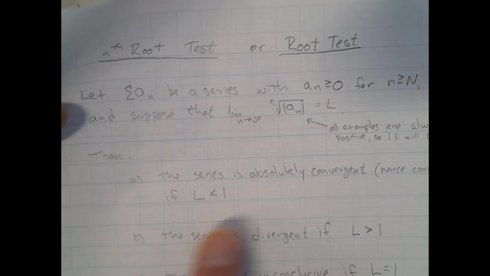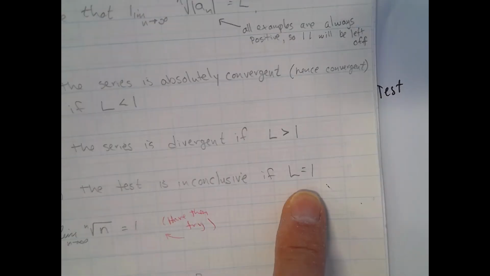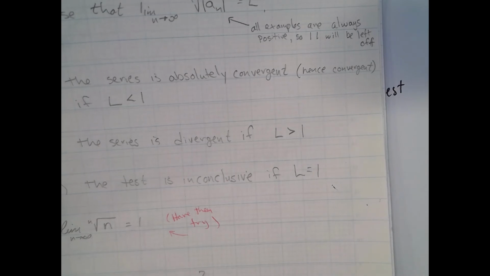It is convergent if the limit is less than 1. If you get greater than 1, it's divergent. If you get 1, then it is inconclusive. And you're finding the limit as n goes to infinity.